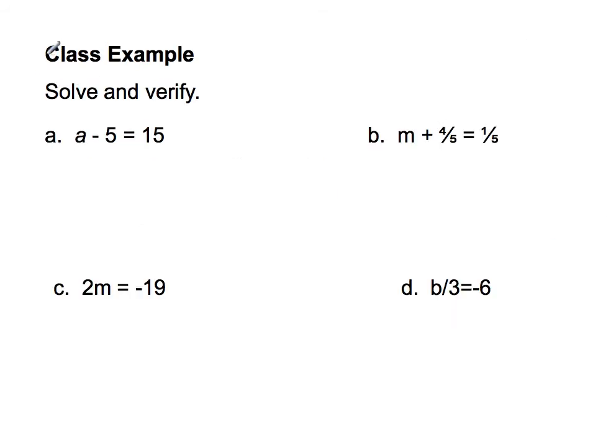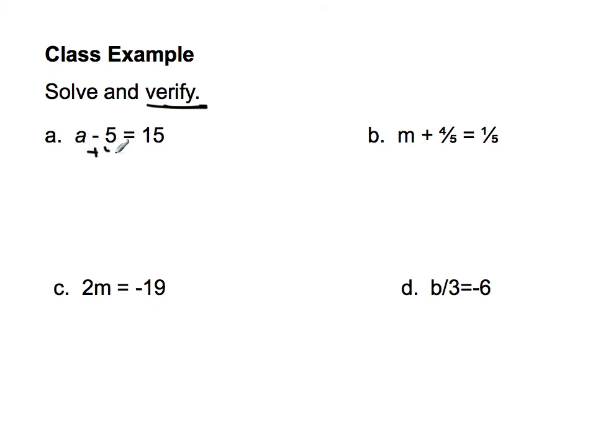Okay, so I want you to pause this video and try these ones. Okay, welcome back. So here, I'm not going to verify, I'm just going to solve these ones to save some time. So here I have some number minus 5 is equal to 15. I want to know what that number is.